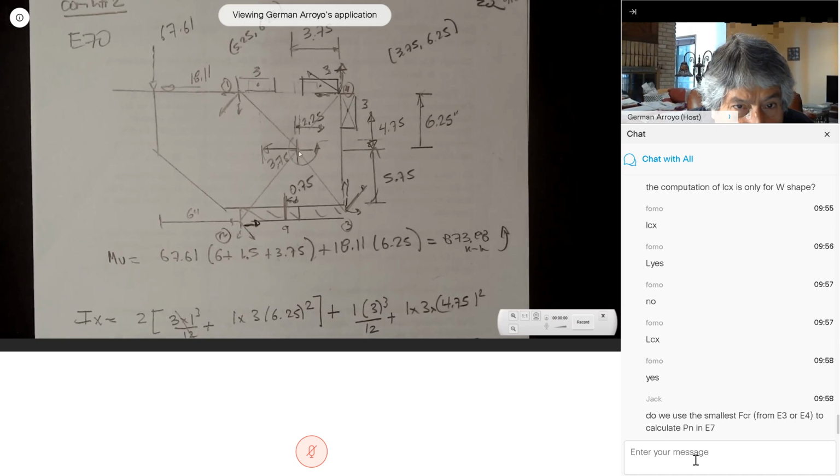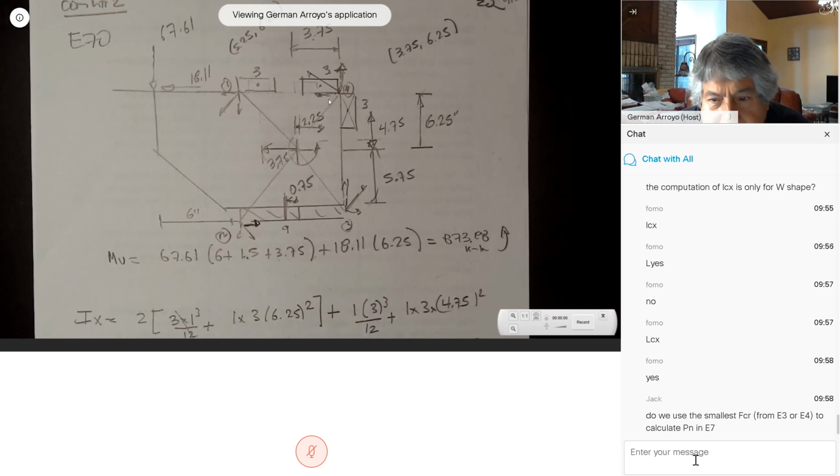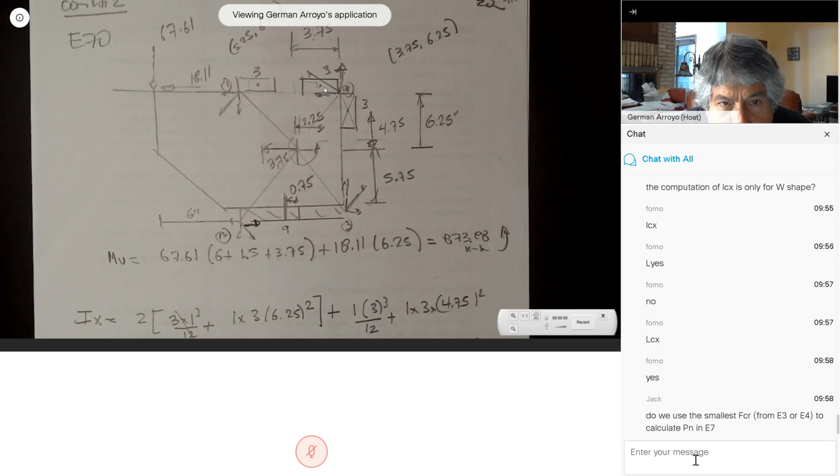So since this is 3.75, this distance is 3.75, and I need this distance. I did 3.75 minus 1.5. Tell me, what do you find? Do the computation. 3.75 minus 1.5. What does it give you?